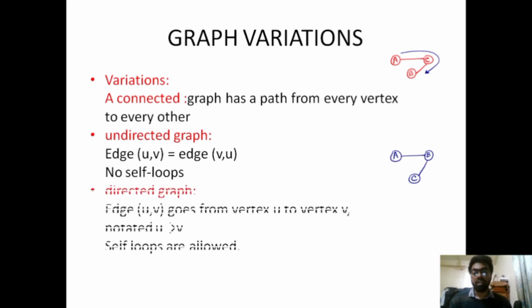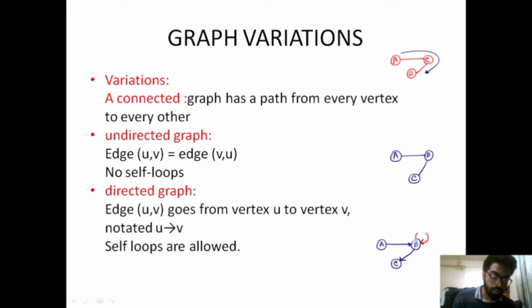The other one is the directed graph. The directed graph means it has some direction between the vertices. We can see that there are 3 vertices, and the vertices are connected with each other, and the edges have some certain direction.